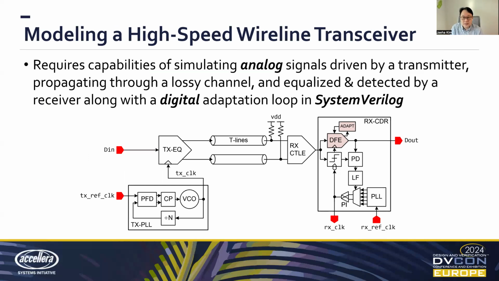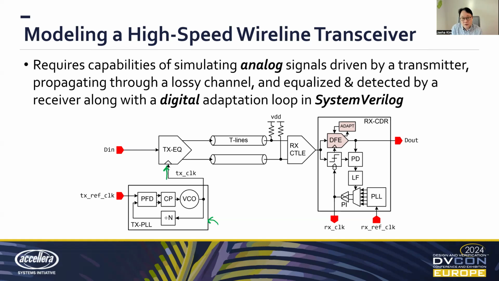What you're seeing in this slide is a typical configuration of a wireline transceiver. So on the transmitter side, you have a circuit called a phase lock loop that generates a precise clock that can trigger the transmitter. This allows the transmitter to transmit each bit at a precise time interval.